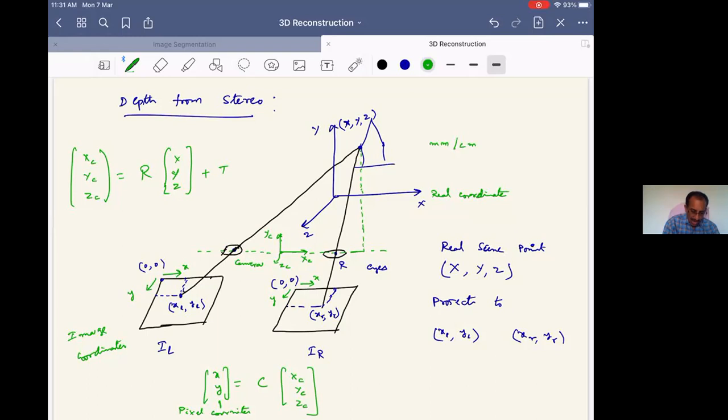These are all in pixel coordinates and these are all in real coordinates. There will be a conversion factor based on the sensor: 1 pixel equals how many mm in the X direction, in the Y direction, and so on.